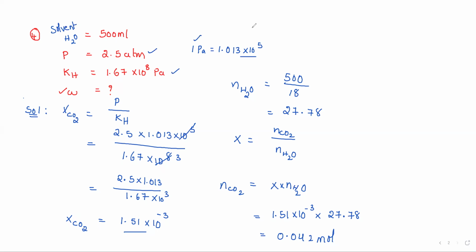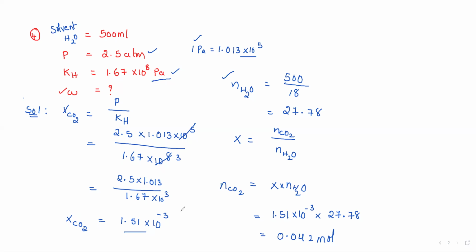Why do I convert atm into Pascal? Because Henry's law constant is in Pascal. That's why I have converted atm into Pascal. Then I will get X CO2 equal to 1.51 into 10 power minus 3. After that, I calculate the number of moles of water, I got 27.782.